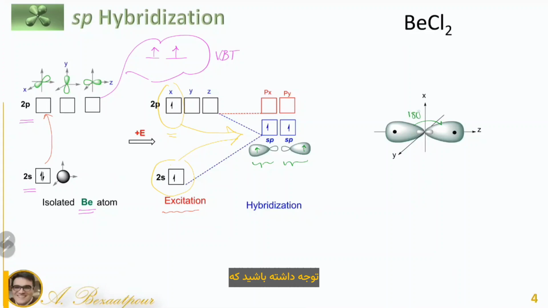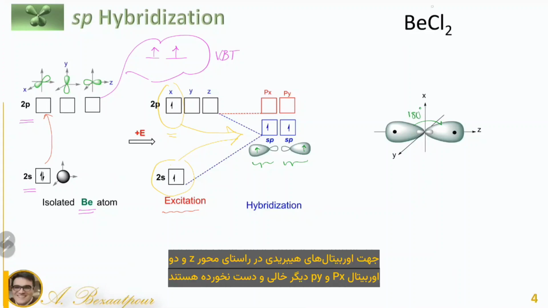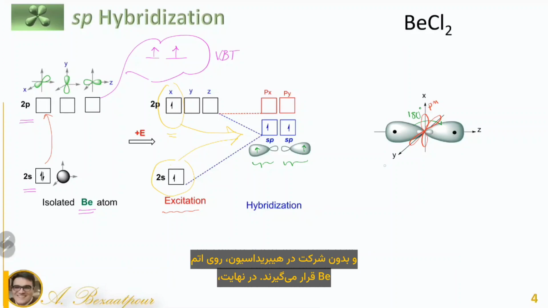Note that the orientation of hybrid orbitals are in z-axis and the other 2 px and py orbitals are empty and intact and are placed on the beryllium without participating in the hybridization.